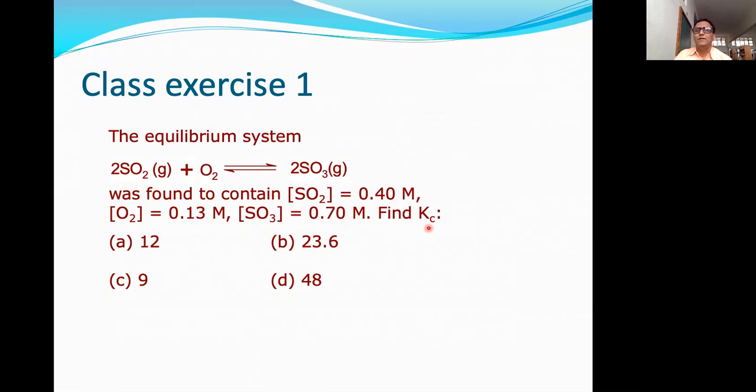Find the value of Kc. The answers are given as A 12, B 23.6, C 9, and D 48.